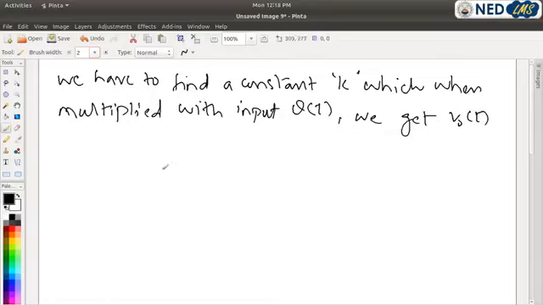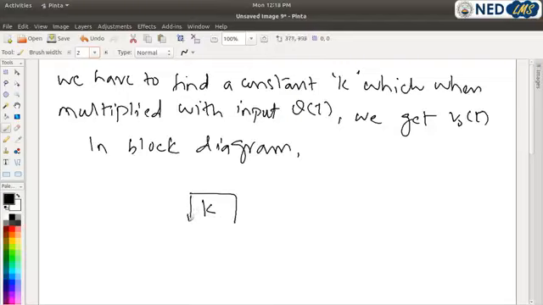In a block diagram, I can represent this as a constant K, input which is theta of t, and output which is V naught of t.